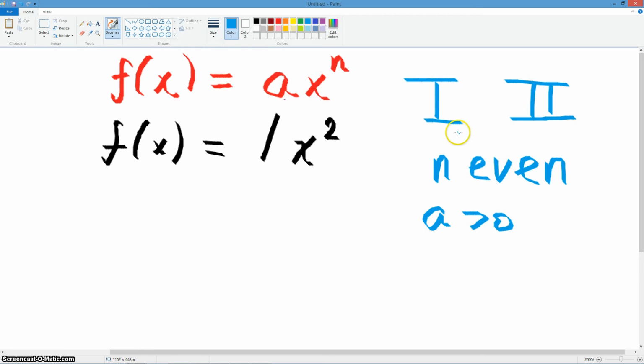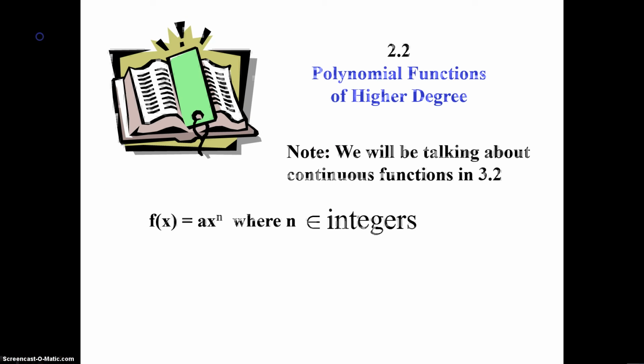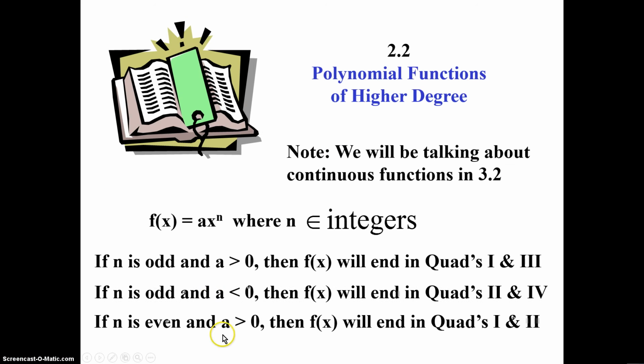It's always going to be in quadrants 1 and 2, starting and ending in quadrants 1 and 2. Alright, so that confirms the third rule right here. If n is even and a is greater than 0, in other words positive, then f of x will end in quadrants 1 and 2.